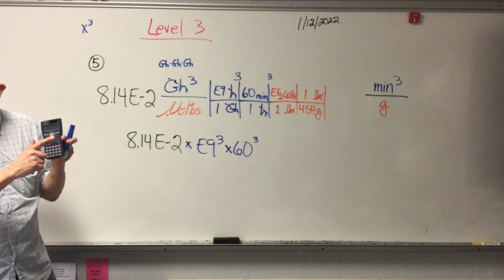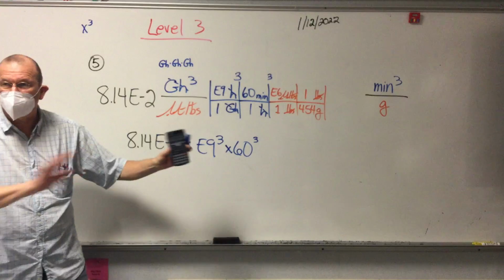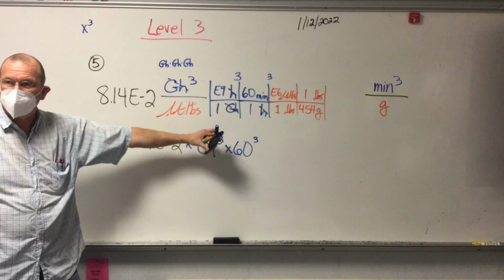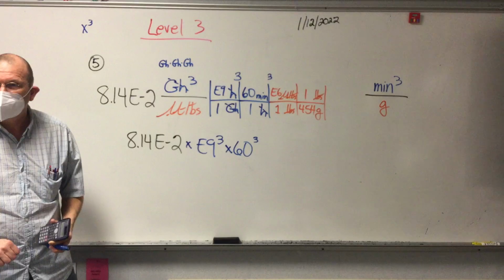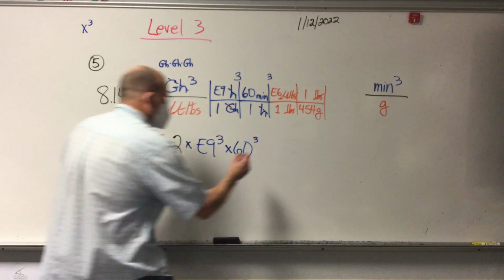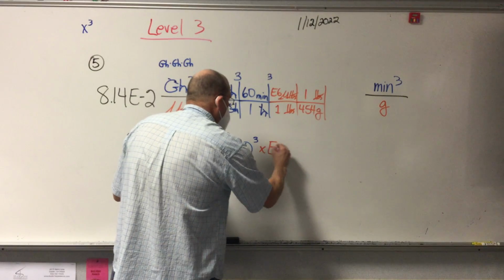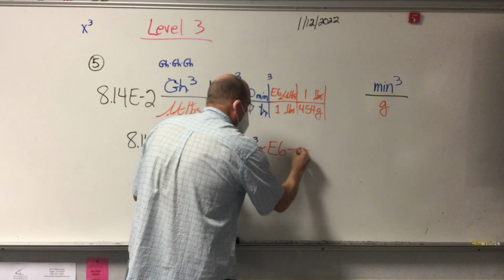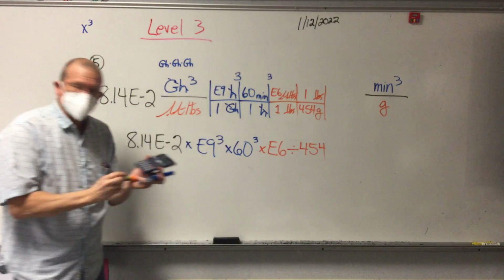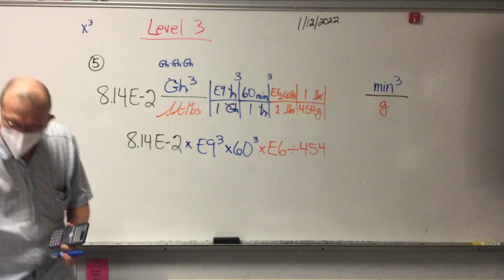If you use those, you do not have to worry about parentheses at all. You put a value with the E and the cube and you are good to go. Okay? What's the next thing? Multiply by E6, and divide by 454.